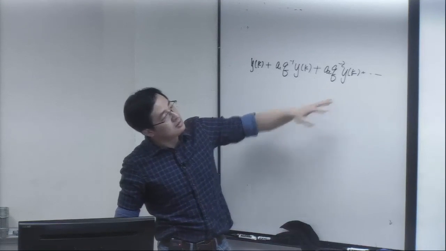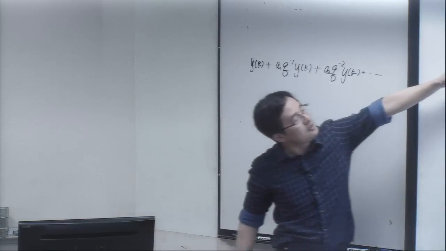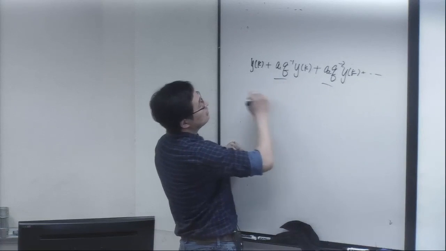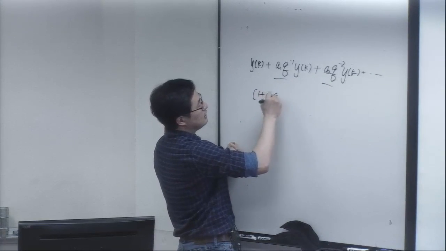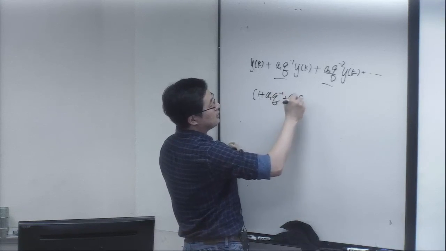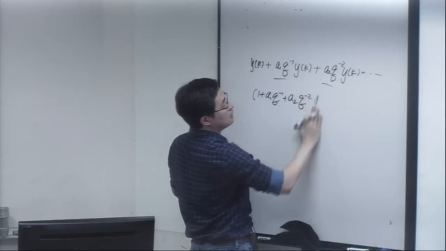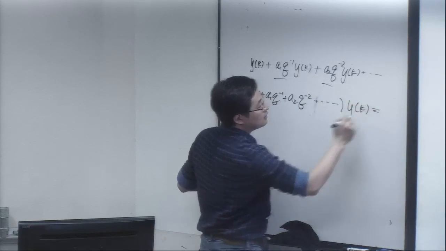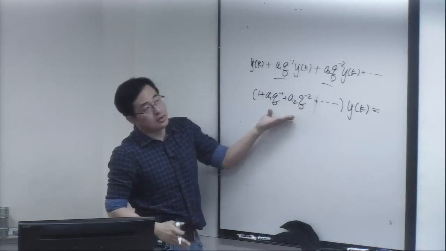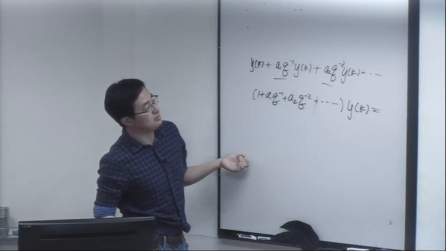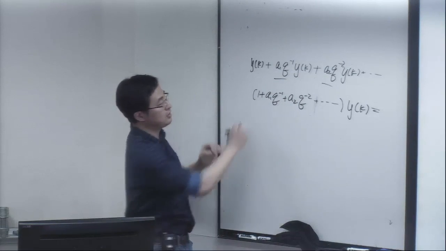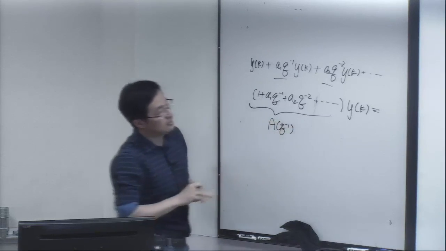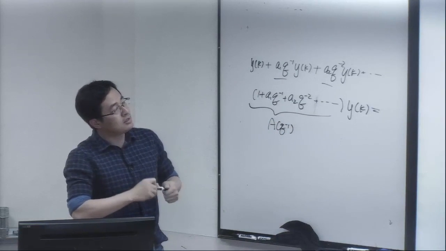Apply this to the difference equation, then you will be able to combine terms and obtain this term on the left of the difference equation. Then you can do division. This becomes A(q inverse). We'll talk about the details next time.